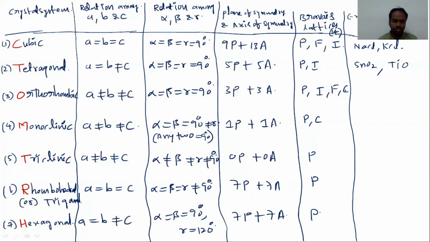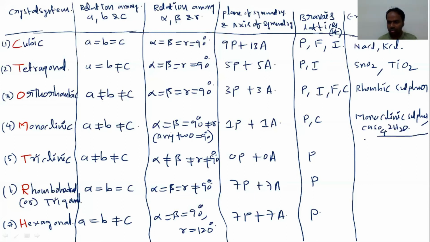For orthorhombic, rhombic sulfur, orthorhombic sulfur. Whereas monoclinic sulfur is an example for monoclinic. For monoclinic, one more example is gypsum, CaSO4.2H2O. So these two are examples for monoclinic.